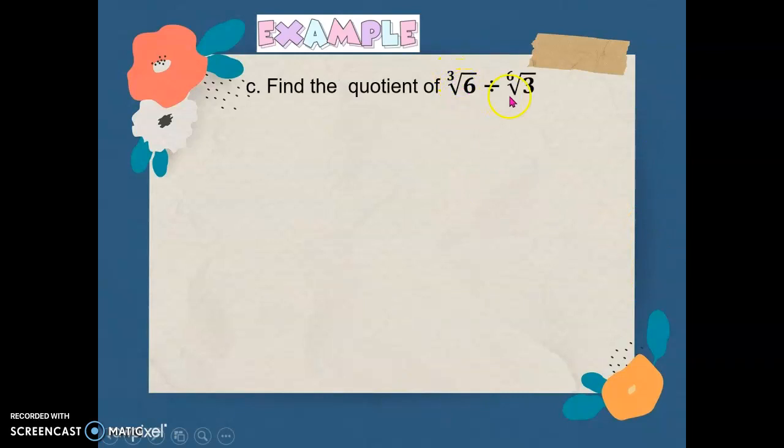Cube root of 6 divided by the 6th root of 3. So, application na po ito ng different indices. Rewrite lang po natin ng ayos. Yan. Magkaiba ang index. So, just like multiplying different indices, kung kayang gawing pareho ang base, pwede naman, or much better, i-rewrite natin ito exponential.